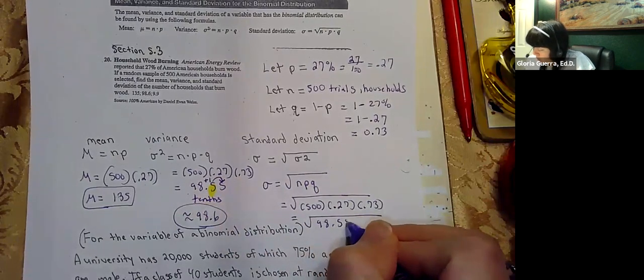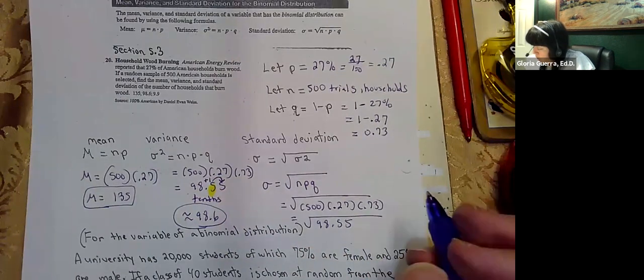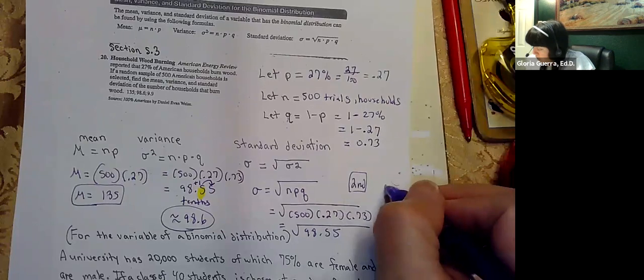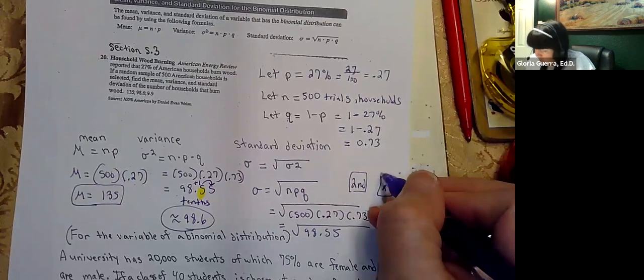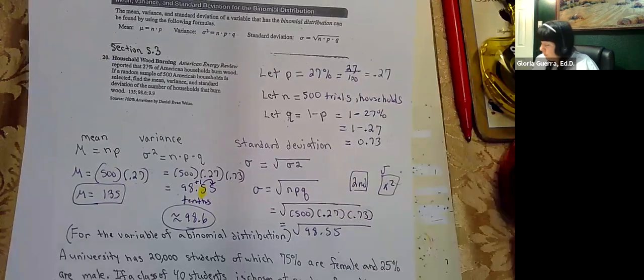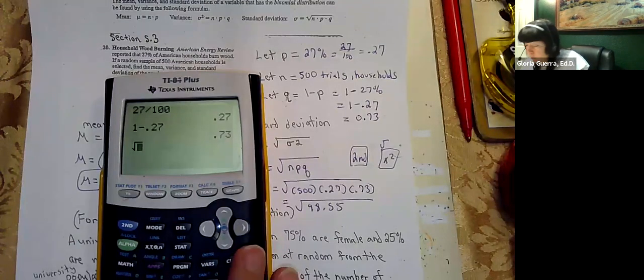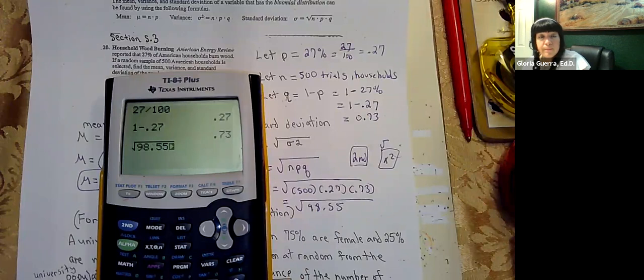98.55. And when you take the square root of that, it's the second button and then the x squared key, because the x squared key has a radical on it. So you do second, square root, 98.55 and then hit enter.